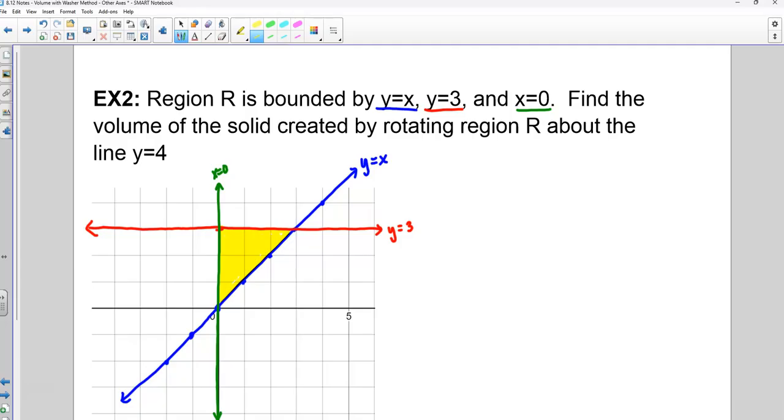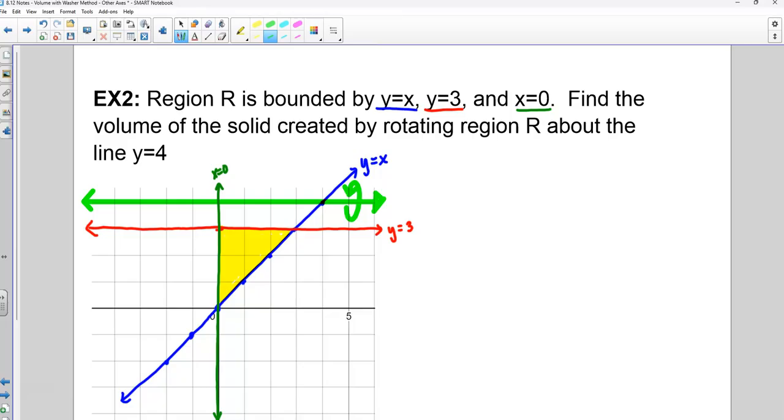And then we are rotating this region about the line y equals 4. So y equals 4 would be up here. And we are rotating around that line. Okay, is this a dy or dx problem?